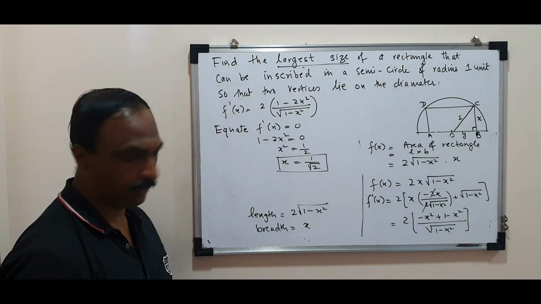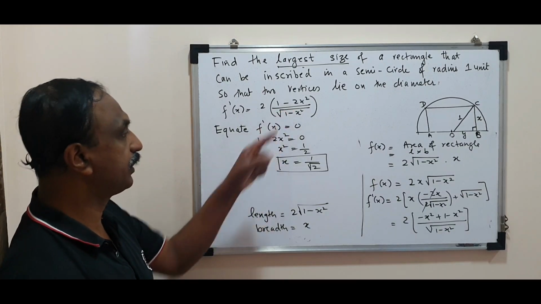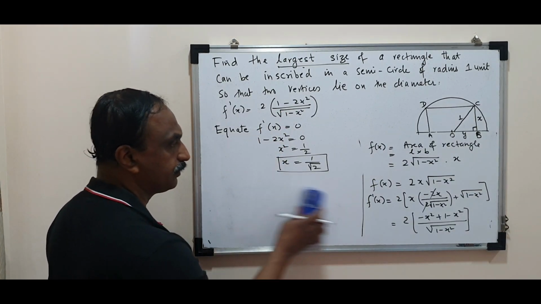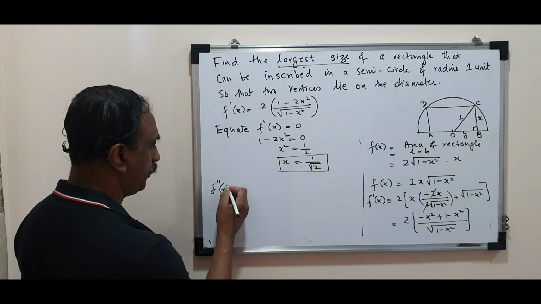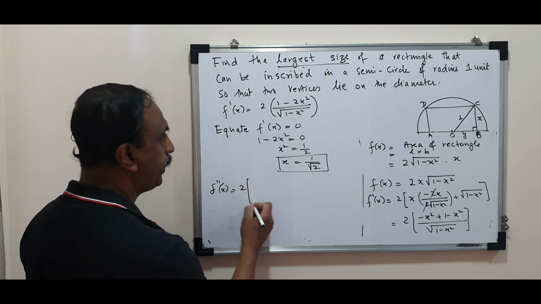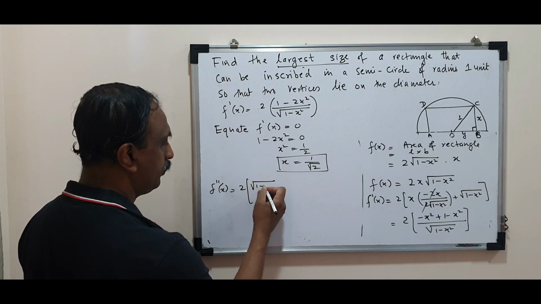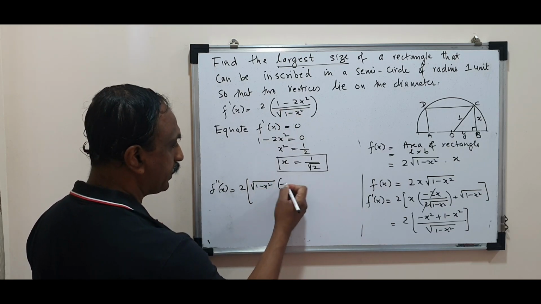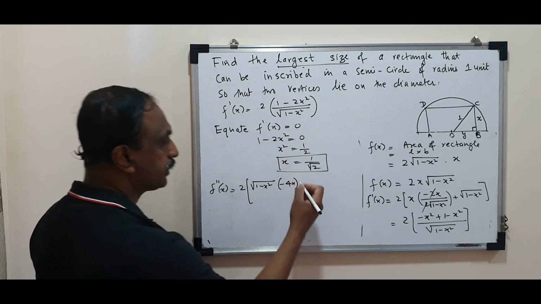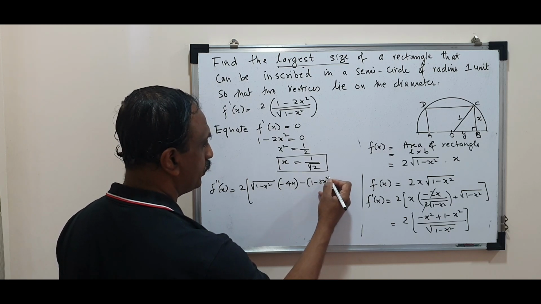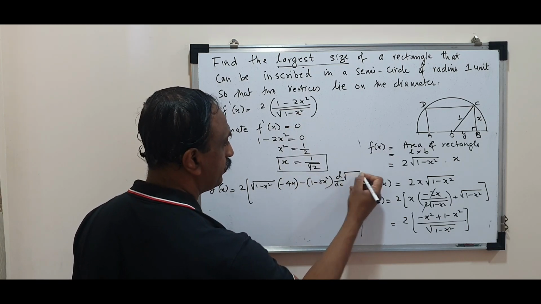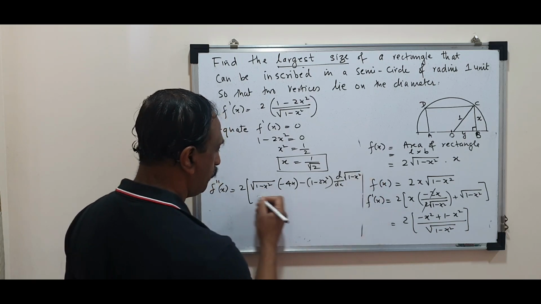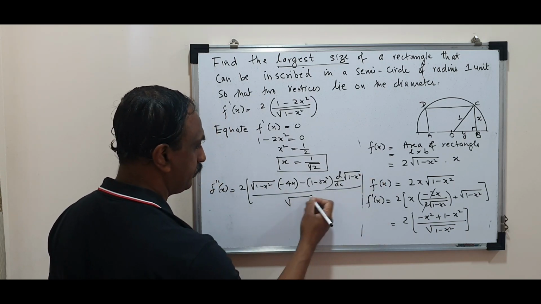Now what I have to do, I have to find the second derivative. This is the first derivative, so I'll calculate the second derivative. So the second derivative f double dash of x will be 2 is common, denominator into derivative of the numerator minus numerator into derivative of the denominator, upon square of the denominator.